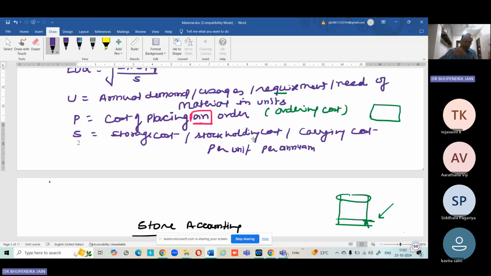If we store 1 unit for 1 year, then how much money is spent? What is the storage cost?